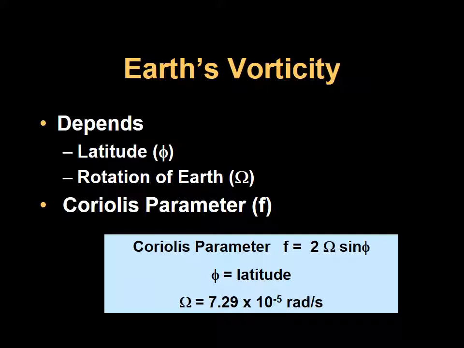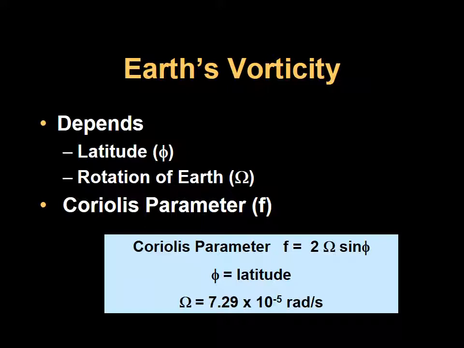At our equator, the latitude is 0, so the sine of 0 is 0. So that gives you no Coriolis spin. But at the North Pole, of course, we have 90 degrees, and the sine of 90 is 1. So you have 2 times omega, and omega is our 7.29 times 10 to the minus 5th radians per second.